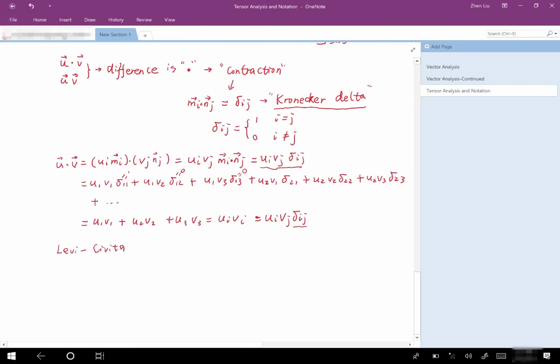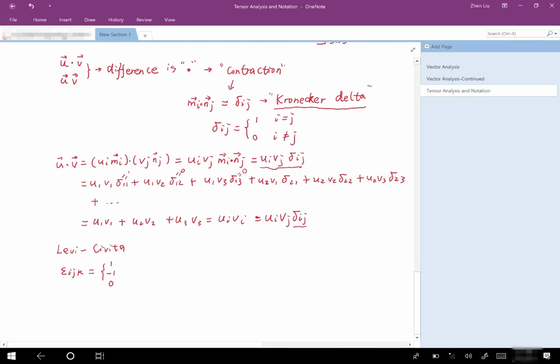And for the Levi-Civita, we use this symbol, epsilon_ijk. And this epsilon_ijk is defined in this way. So it equals, there are three possibilities: 1, -1, and 0.